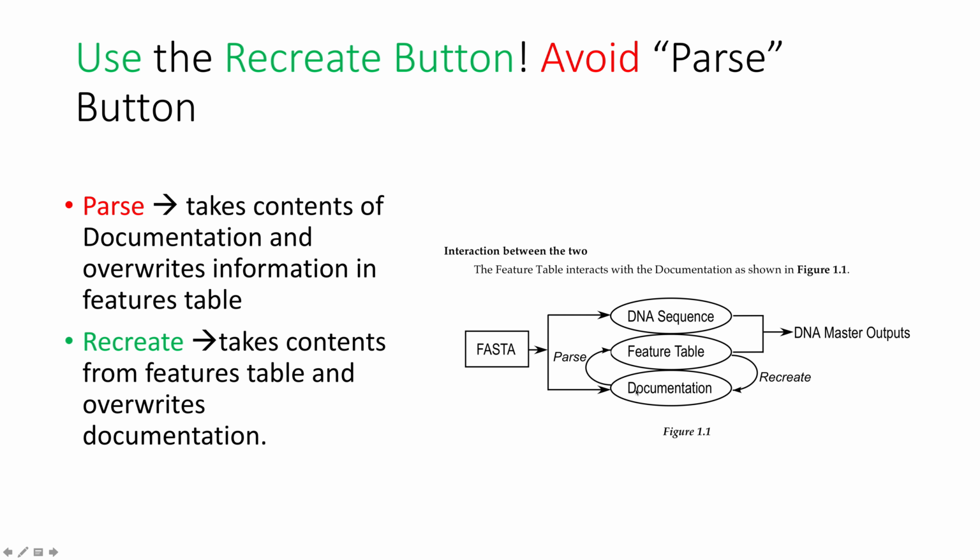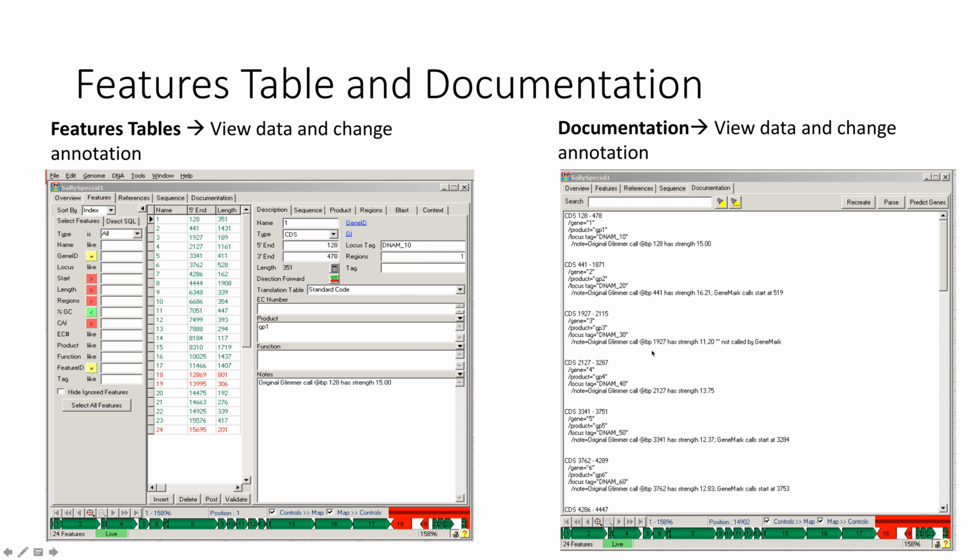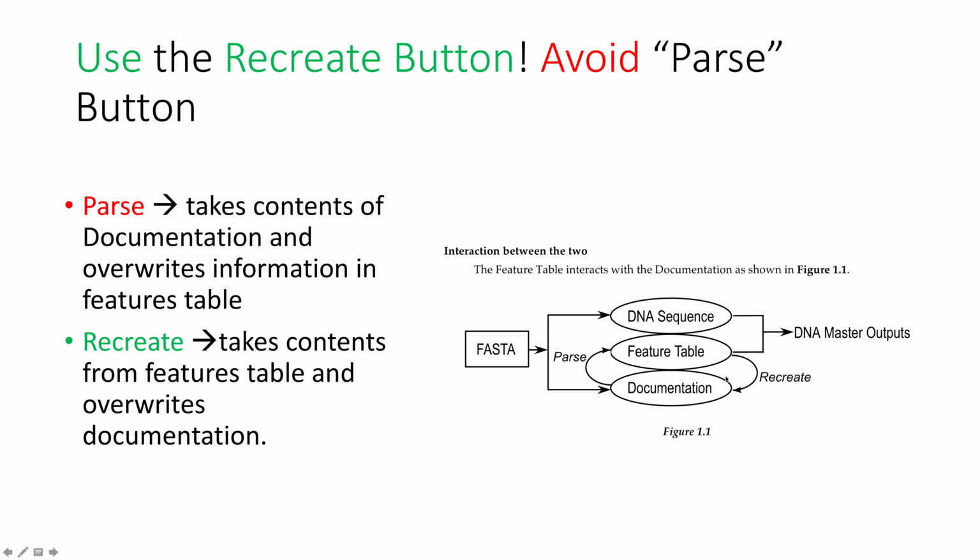So all the information that was originally in the documentation ends up in the feature table, and this is what we see right after auto annotation, and this is where we can analyze and make changes. Now, there's a button in the documentation tab called Recreate, and the Recreate button allows us, as we make changes in the features table, to rewrite the documentation so that the documentation matches the annotation that we're creating in the features table.